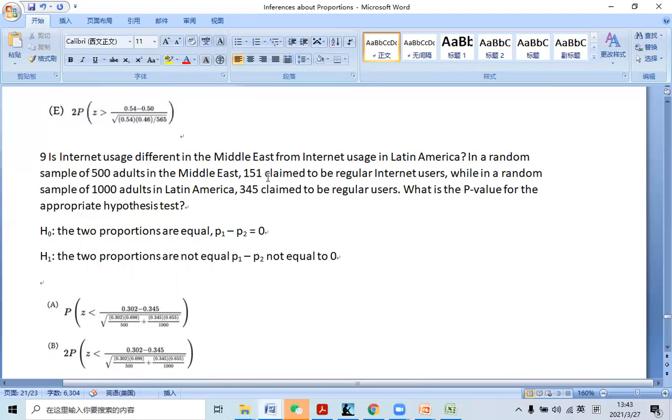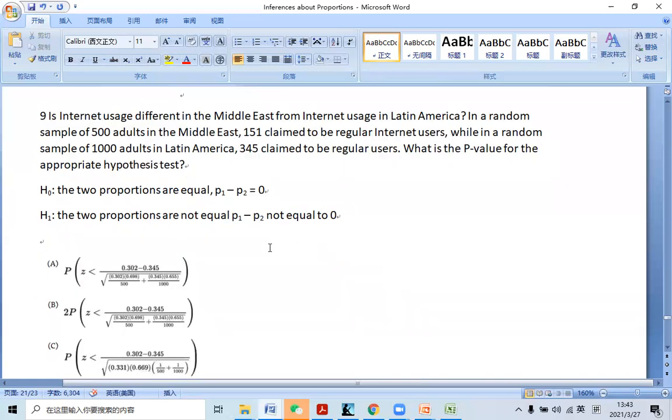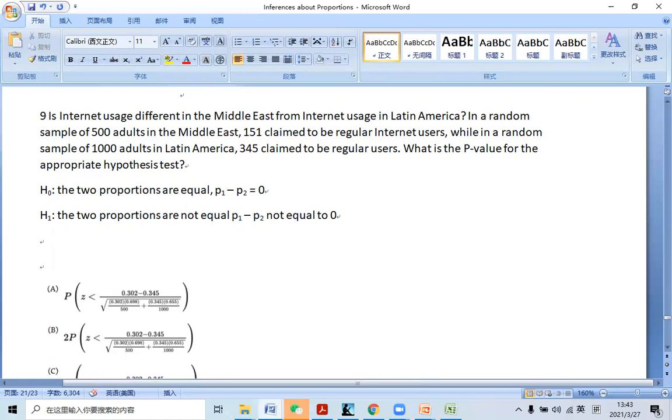And now you want to estimate the z-score. What is the z-score critical value? So for the z-score, you have the observed difference. You observe the difference for the first sample, 500 adults in the Middle East.